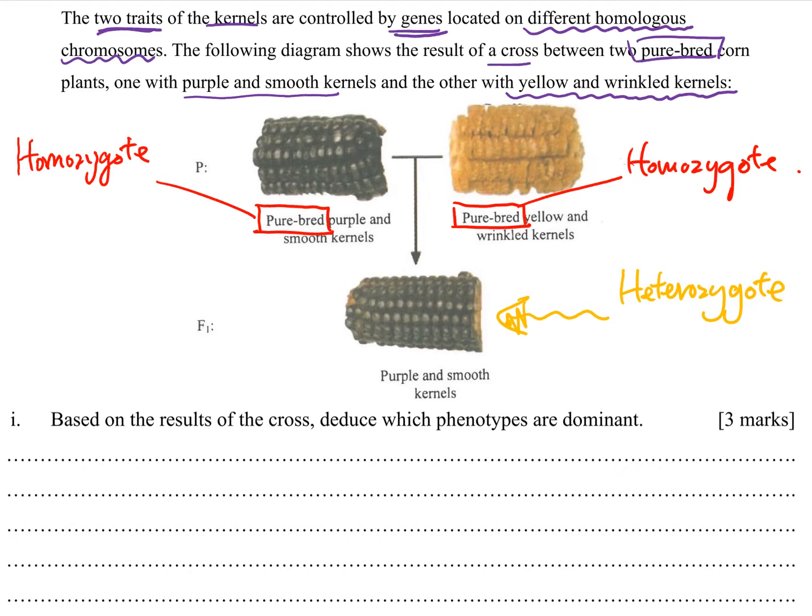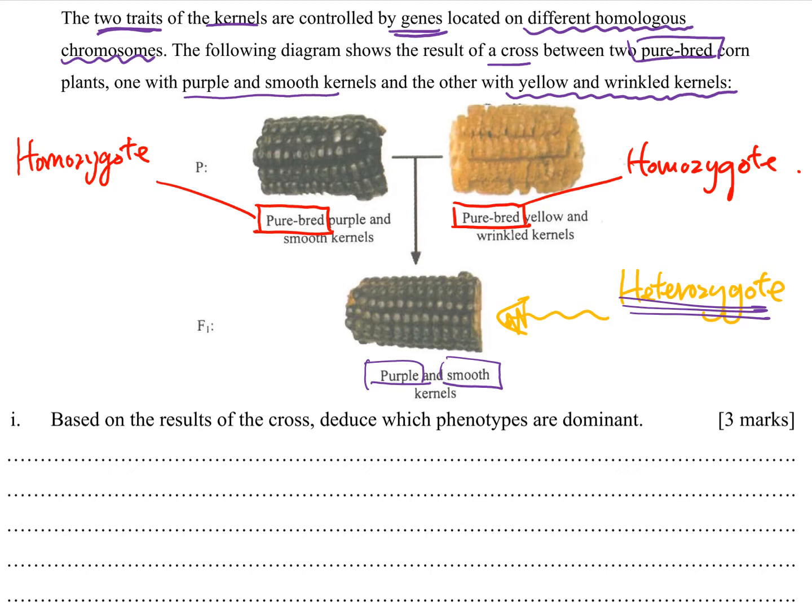And in heterozygous condition, the character which is showing itself must have a stronger power to express. So therefore, the character showing must be the dominant character. Therefore, purple and smooth will be the dominant character and the dominant phenotype.